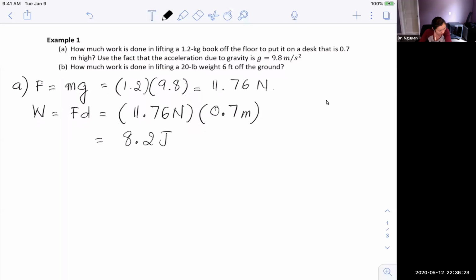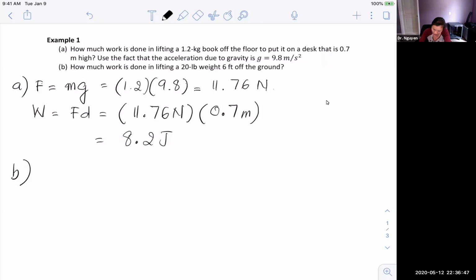Okay. Now, what we have in part B, you see right here, how much work is done in lifting a 20 pound weight 6 feet off the ground. In this case, we don't have to multiply by the gravity because we are given weight, not mass.